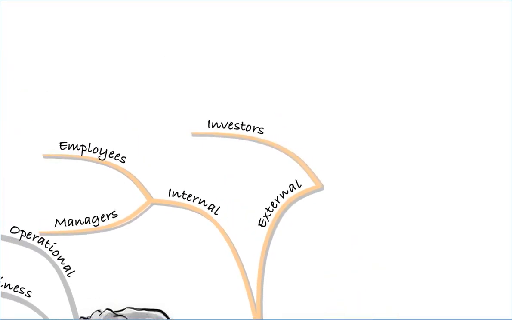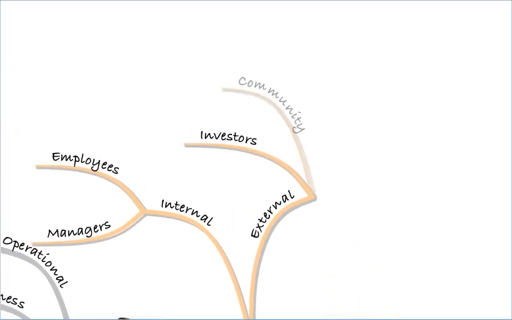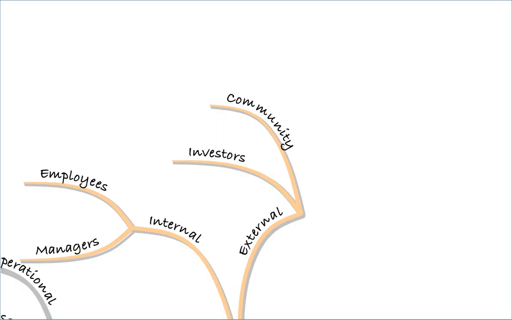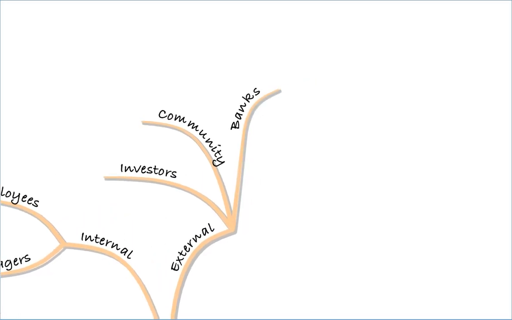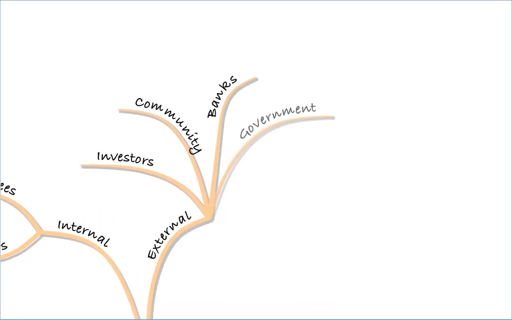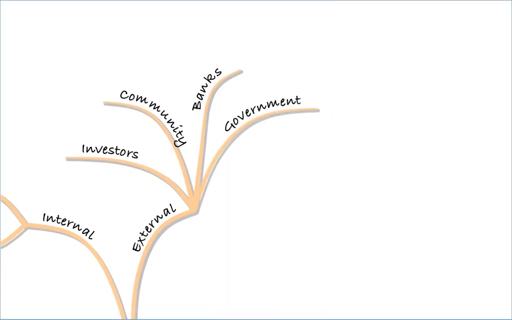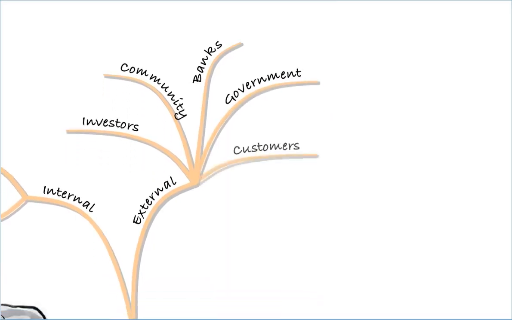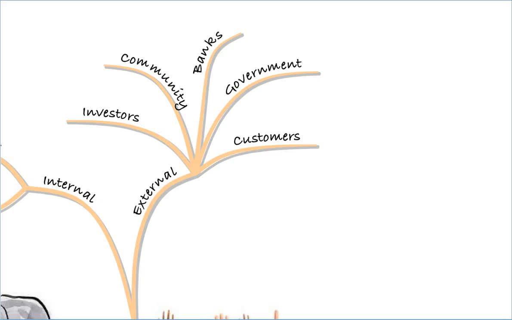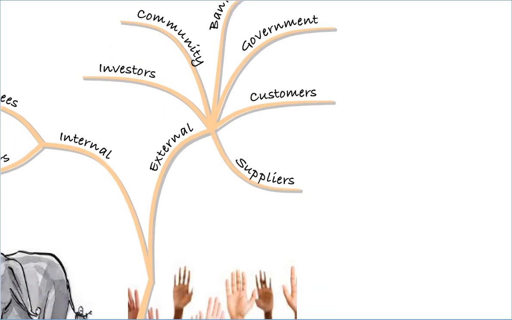External stakeholders were people like investors in the business, the community at large if they're affected by the business, banks who lend to the business, the government who want their taxes and who want regulations abided by, also customers and suppliers, very important external stakeholders. All of these have a legitimate interest in the business.